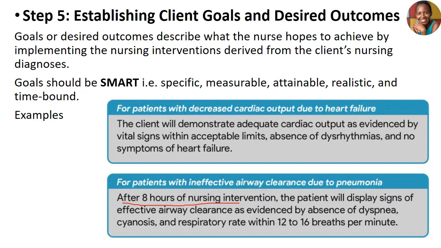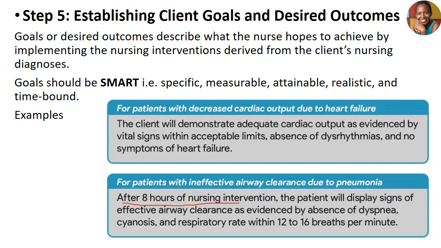So let's look at some examples of nursing goals that were written for different diagnoses of patients. So you have a patient here who has a decreased cardiac output because they are suffering from heart failure. And this nurse generated a goal that the client will demonstrate adequate cardiac output as evidenced by vital signs which are within acceptable limits with absence of dysrhythmias and no symptoms of heart failure.